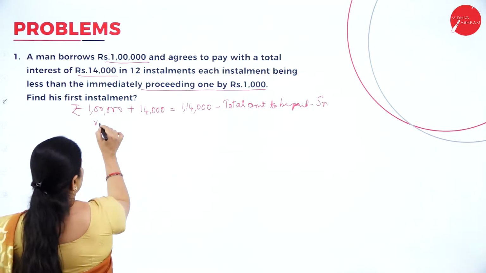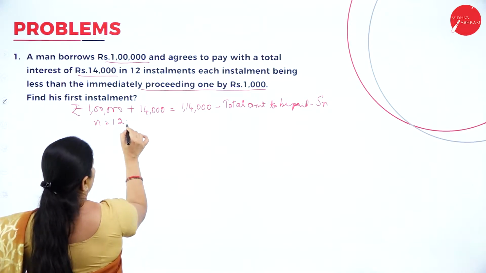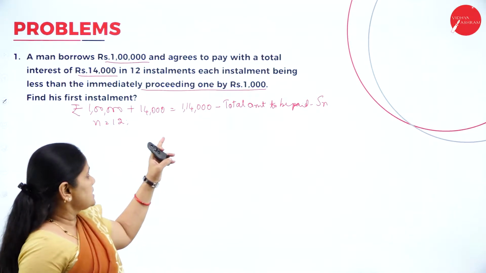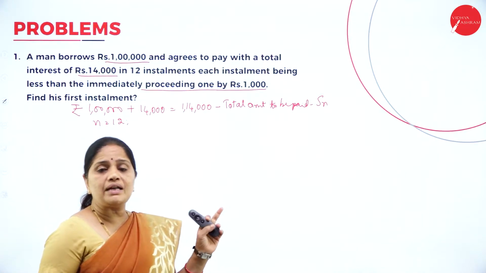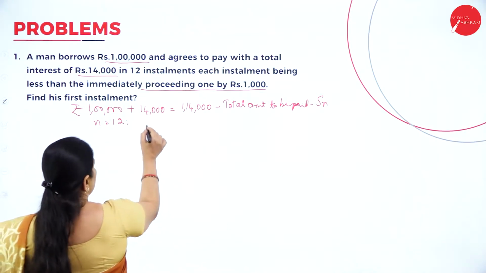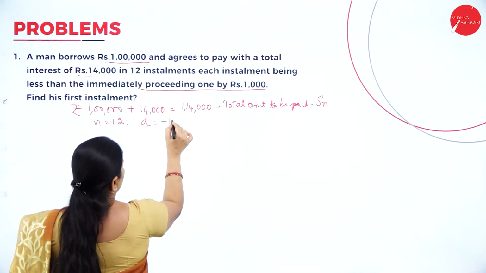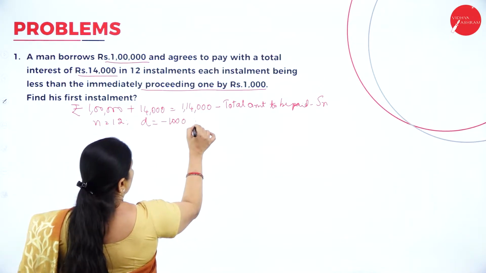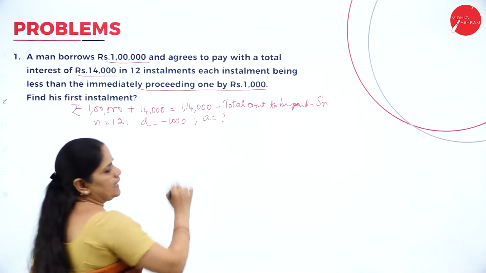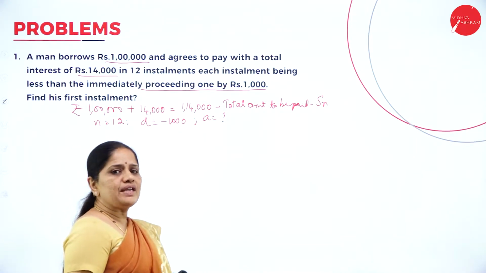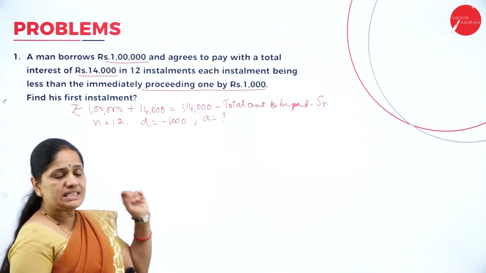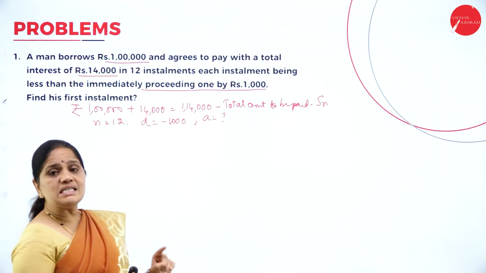So, n equals 12. And then he is telling that each installment is less than the immediately preceding one by 1,000. So, d will be equal to minus 1,000. Now, what do we have to find out? A. We don't know what is the first installment, but we know Sn, and we also know d.